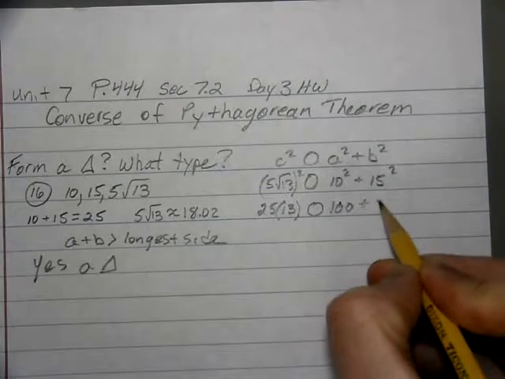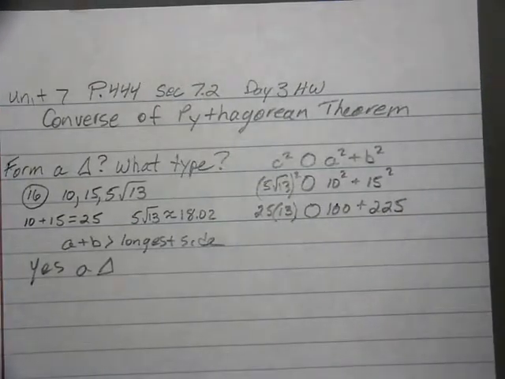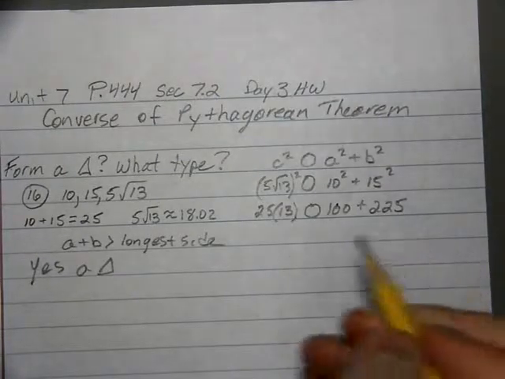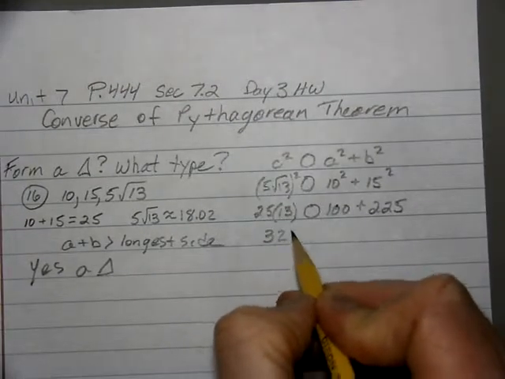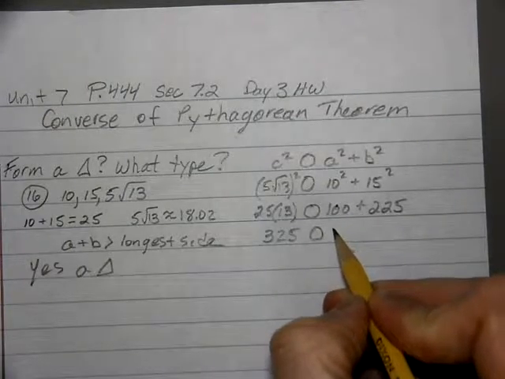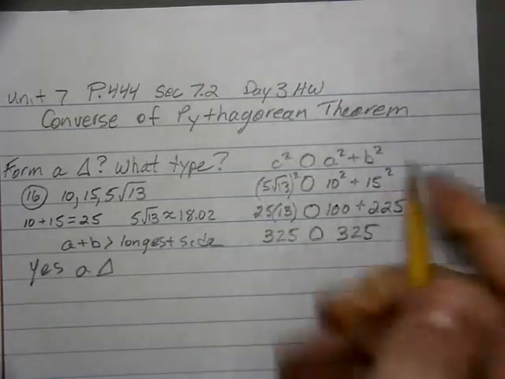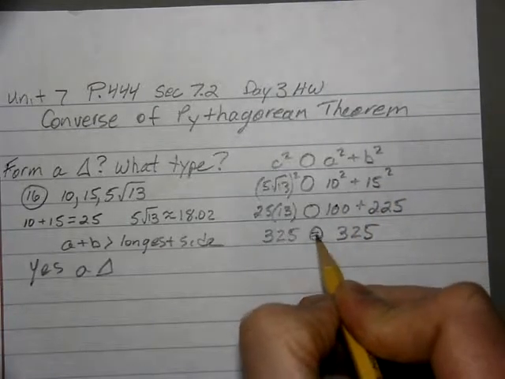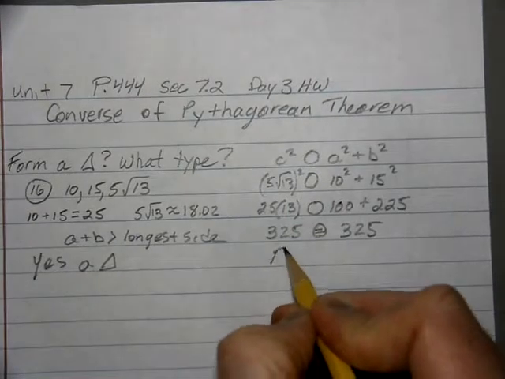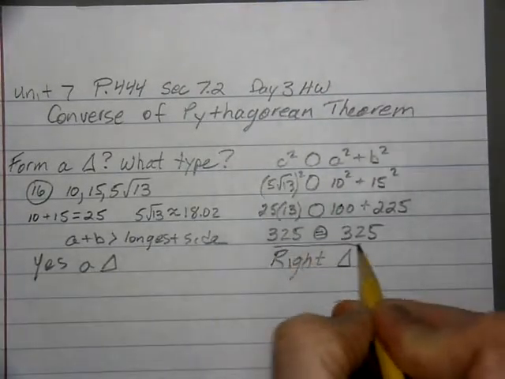Square 10, square 15. Now 25 times 13 is 325. And as we look here, we're also going to get 325. So they equal each other. So we have a right triangle.